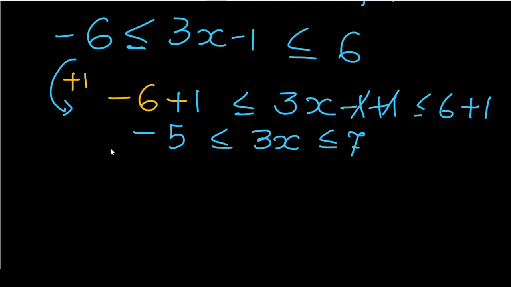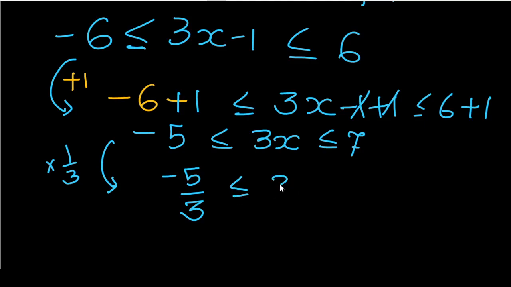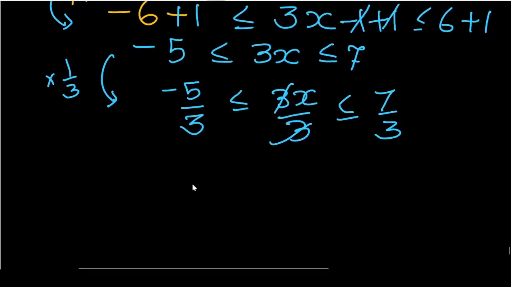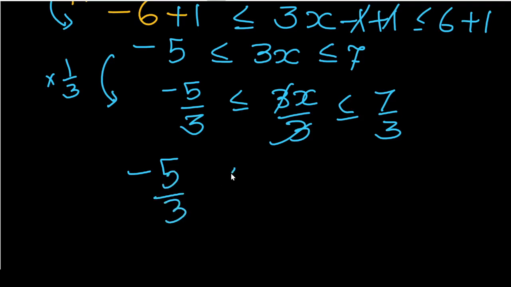Now in the next step, we will multiply by what to get x? Yes, we will multiply by 1 by 3 on both sides. So the extreme left side becomes minus 5 by 3, the middle one becomes x, the right hand side becomes 7 by 3, and we will get x as minus 5 by 3 to 7 by 3, guys, which is the answer.